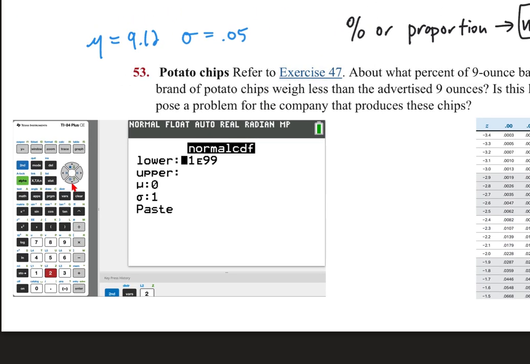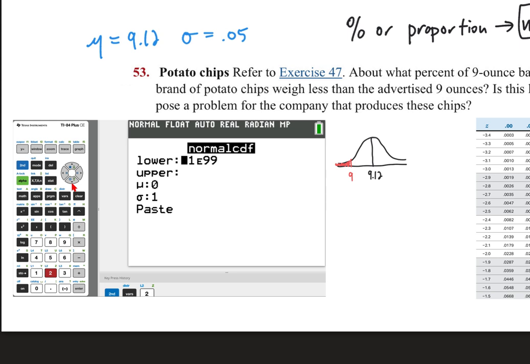When we draw this little normal distribution, just a quick drawing, put the mean. They want the percent of potato chips that are less than 9 ounces. So let's say 9 ounces is right here. So the percent less should be pretty small. It's a little over 2 standard deviations away from the mean, so it should be a pretty small percent.